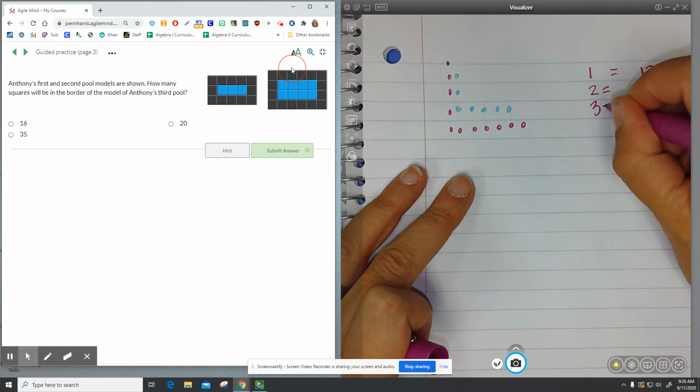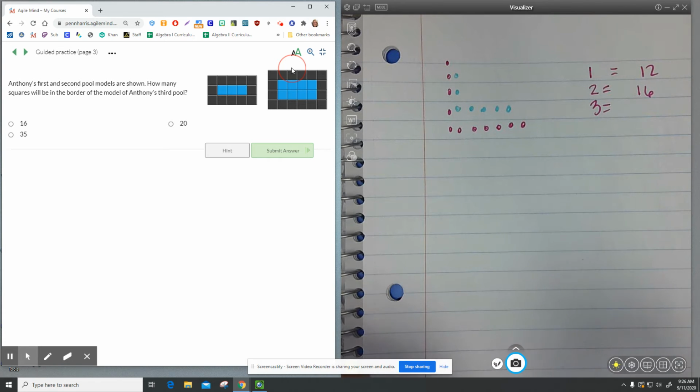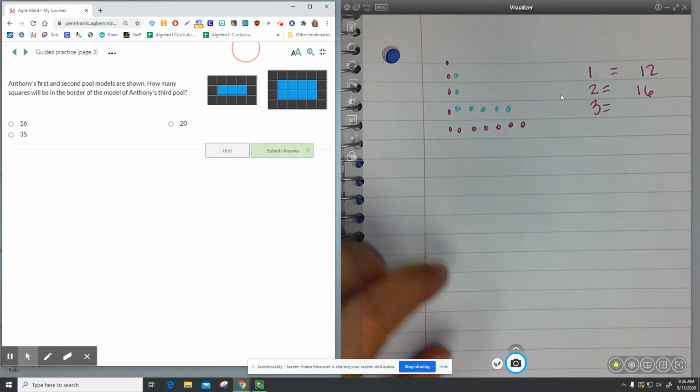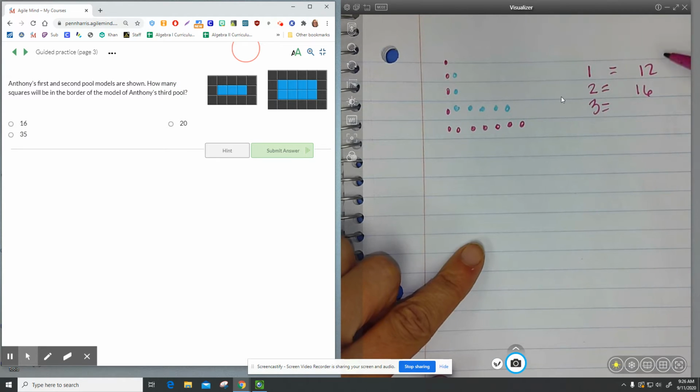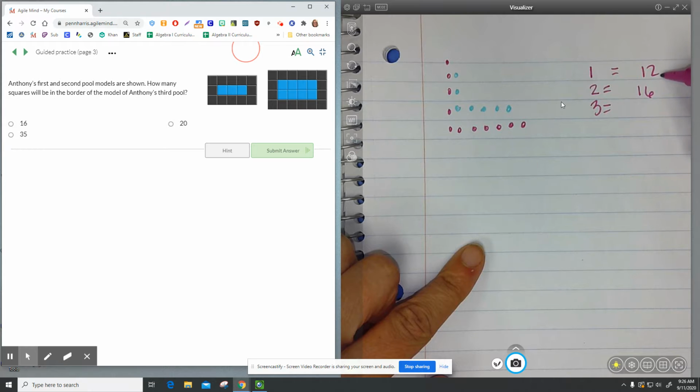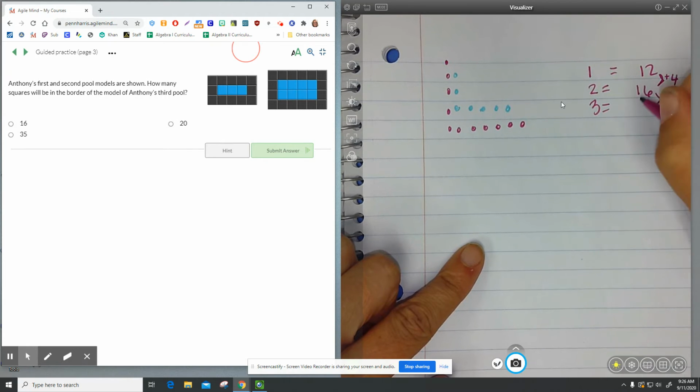And if his is 3 blocks long, like they're asking us in the problem for the third pool, going with this pattern, this one's going up by 4. So my next one's also going to increase by 4, which would make it 20 blocks long.